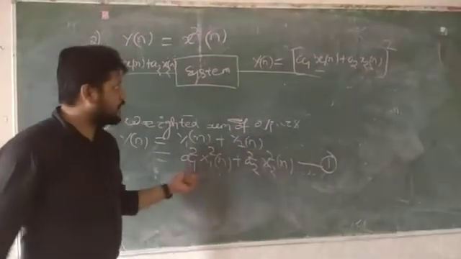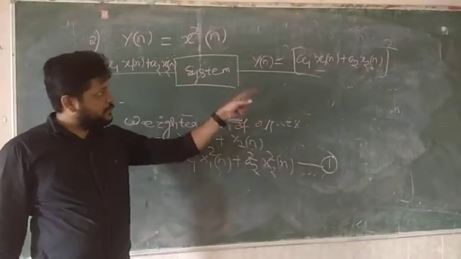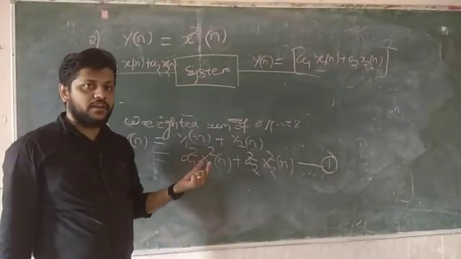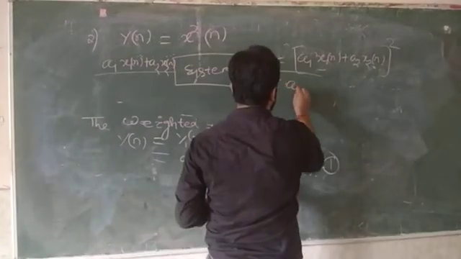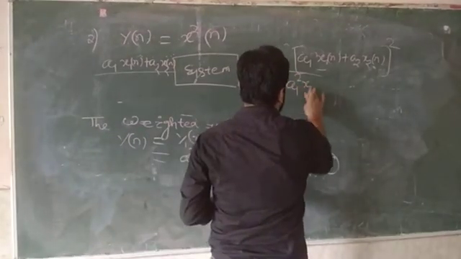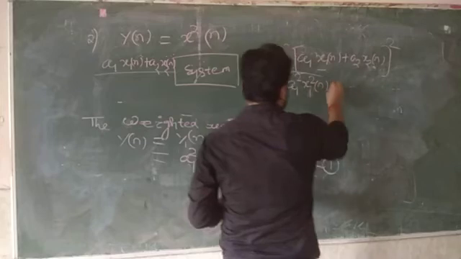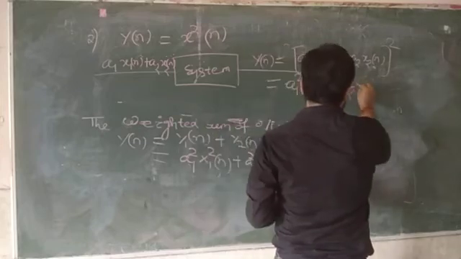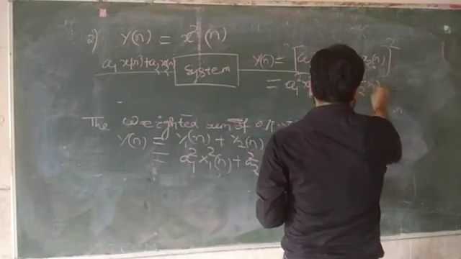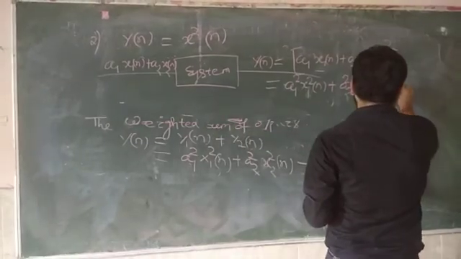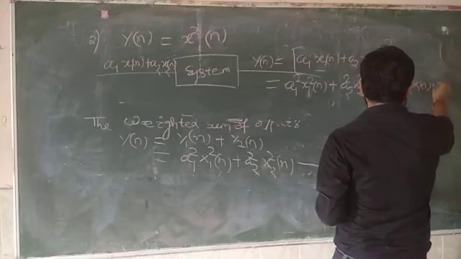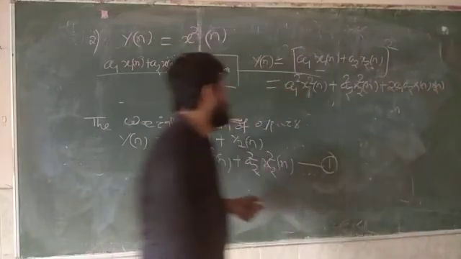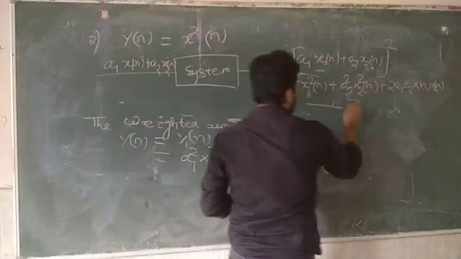Now this is like (a plus b) whole square, which gives a squared plus b squared plus 2ab. So if we open this, we get a1 squared x1 squared [n] plus a2 squared x2 squared [n] plus 2 a1 a2 x1[n] into x2[n]. This is equation number 2.